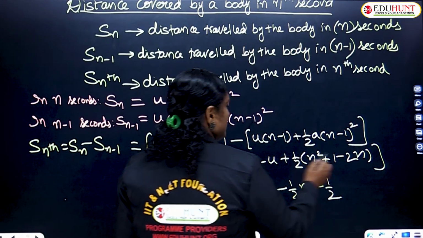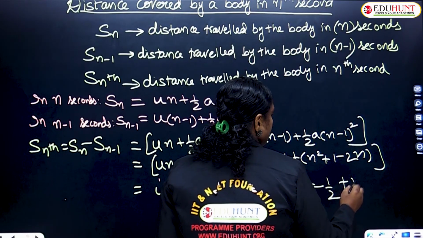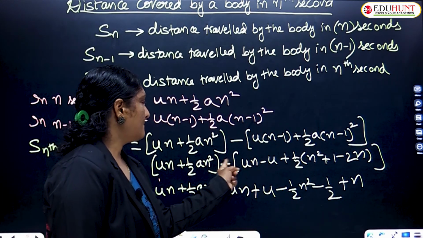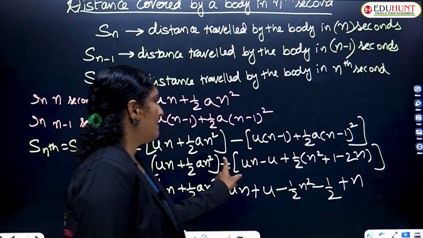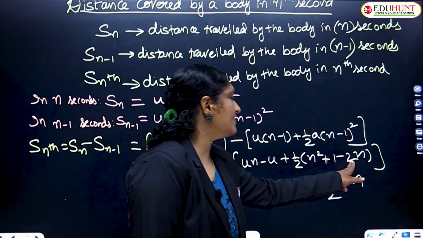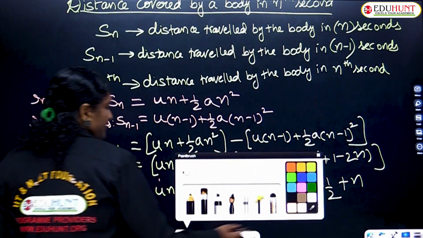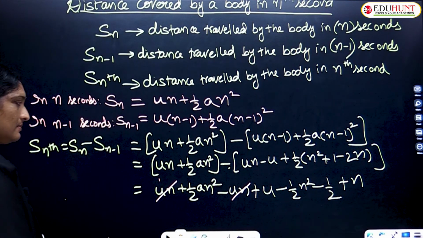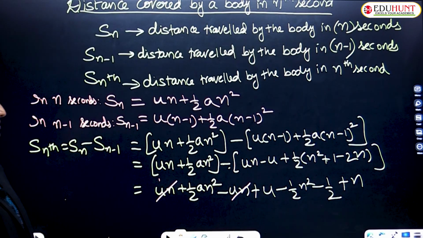And again minus and minus is plus, half into 2n, the 2 gets cancelled, this will be n. Is that clear, children? So this minus un, minus and minus plus u, minus and plus minus half n square, minus and plus minus half, minus and minus plus half into 2n is n. Okay, children? So after further simplification, plus un and minus un get cancelled. Isn't it, children? So based on that, let us try to simplify.